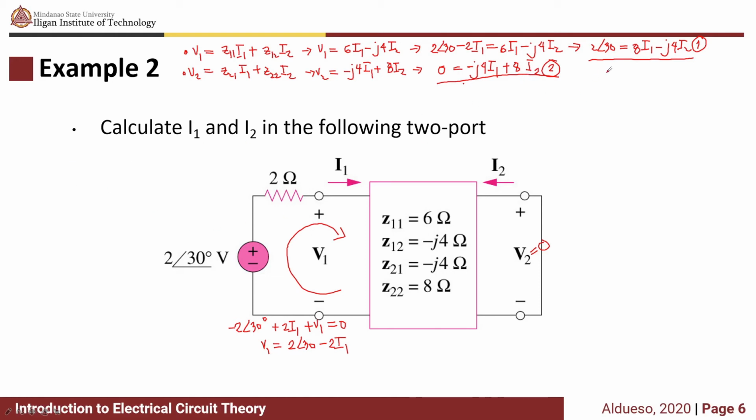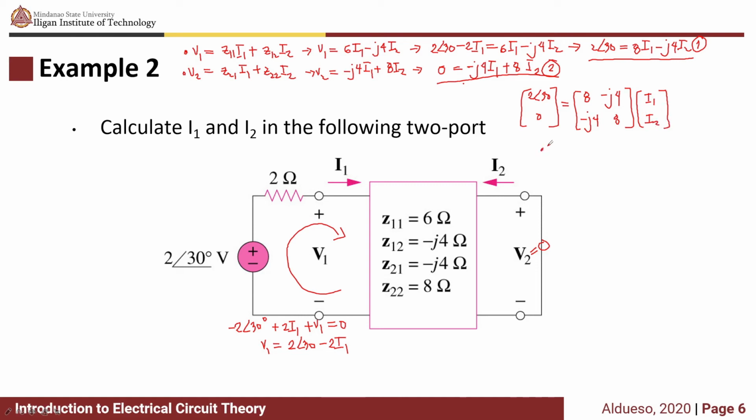So expressing these equations in matrix form, we have 2 angle 30, 0 equal to 8, negative J4, J4 and 8, times I1 and I2.